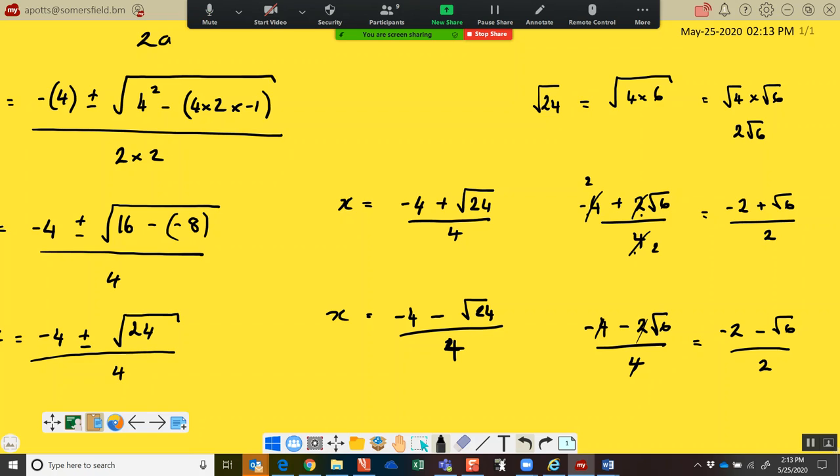So, is there any problem with the answer in the book? Yes, no? We understand? Do you spot any mistakes?